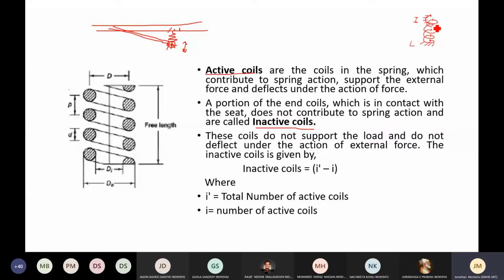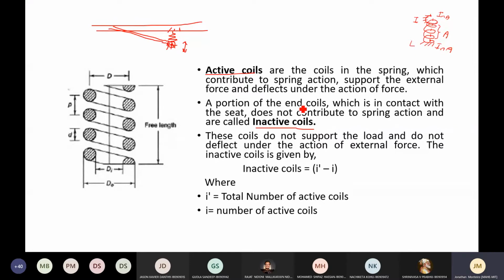Though it is defined as a coil, the first and the last coil are not going to give any action. No spring action is available for the first and the last coil. So now you got the point. What are active coils? The coils which are actually taking part, that is the in-between coils, are called active, and the first and the last coils are called inactive.